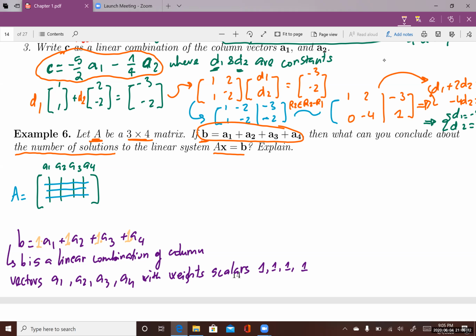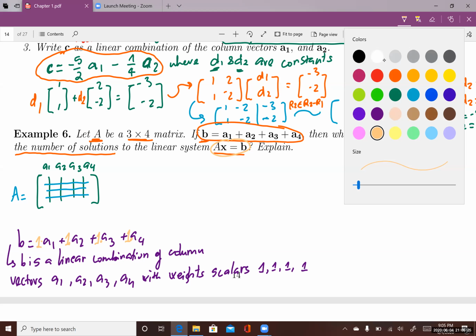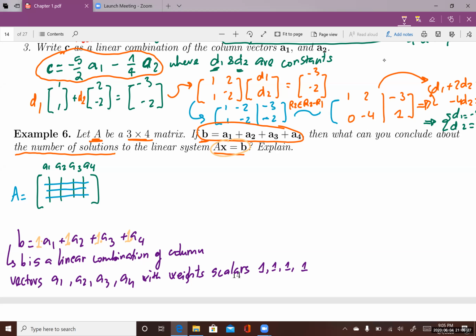If you're thinking about the system AX equals B, then you can think of the matrix A, and you multiply it by the vector X. Since A has 4 columns, that means you have 4 variables: X1, X2, X3, X4.